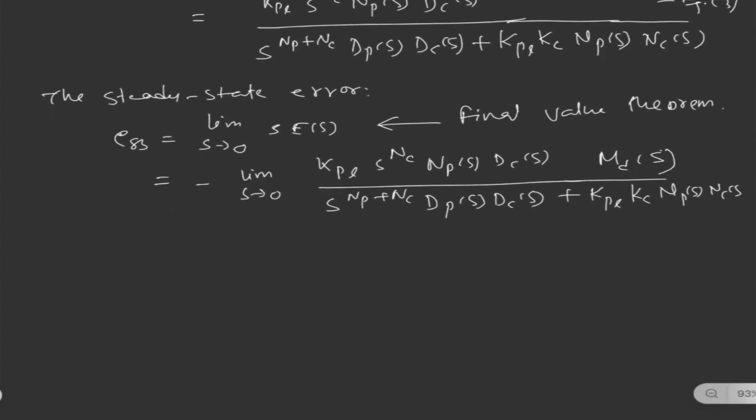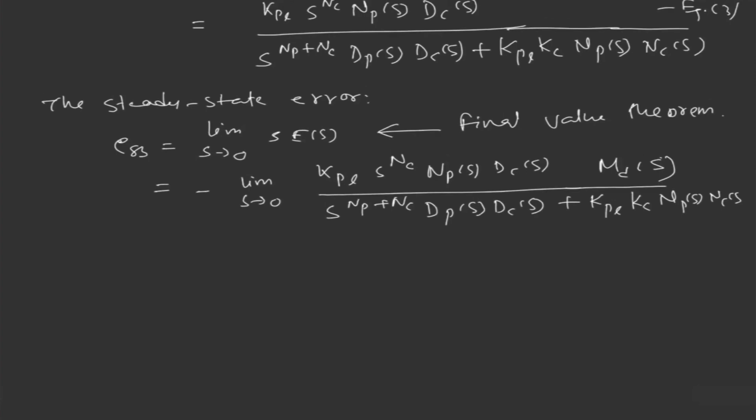It is clear that to be able to completely reject the constant disturbance, we must have N_C greater than or equal to 1.